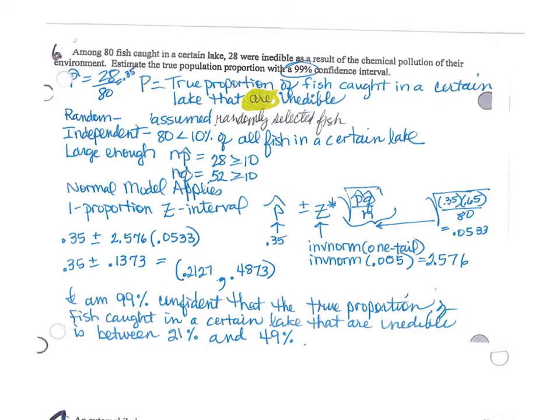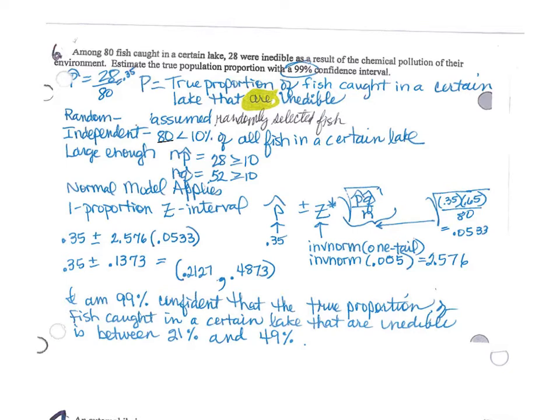You know, Trinity River, you're not supposed to eat fish from Trinity River because way back when Lockheed or General Dynamics, it was the bomber plant back in the 40s, they dumped a lot of chemicals into Trinity River at that time, and so they say don't eat the fish out of Trinity River. But anyway, all right, random. We assume they were randomly selected fish. 80 is less than 10%. This is your sample size, 80.